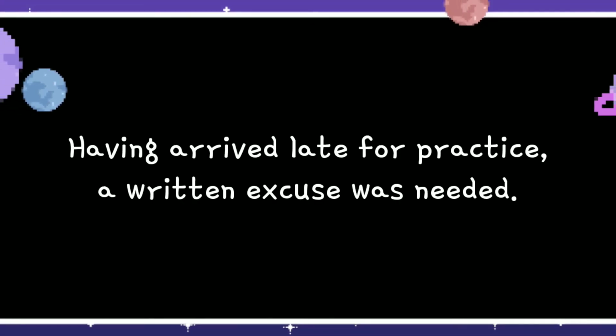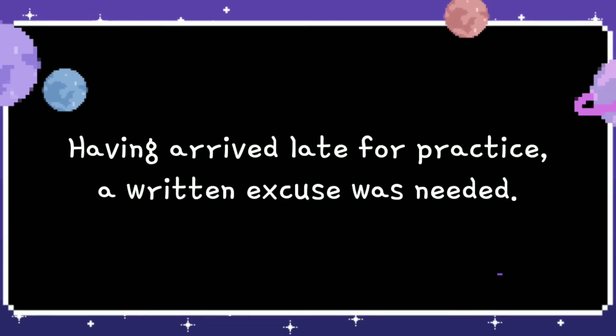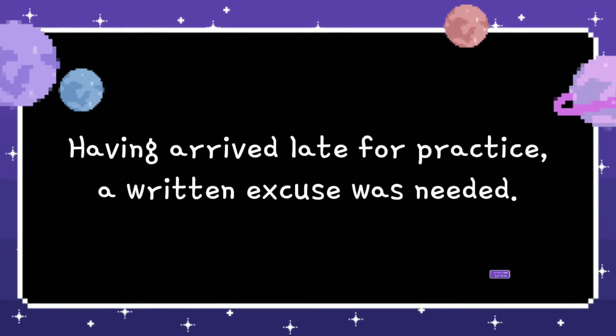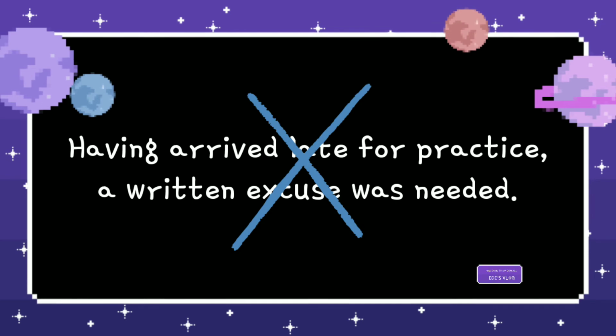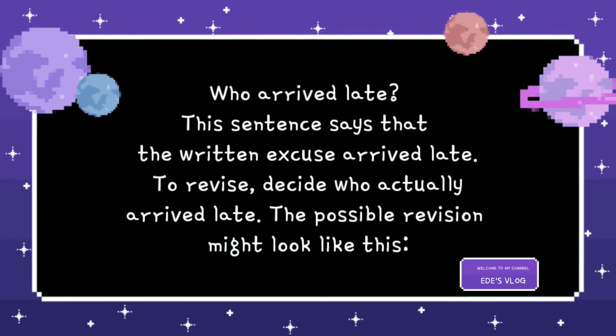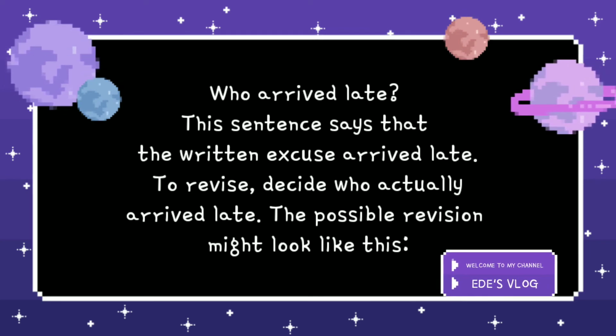Number 1. Having arrived late for practice, a written excuse was needed. Is the sentence correct? Wrong, because of the dangling modifier. A written excuse? Who arrived late? The sentence says that the written excuse arrived late.